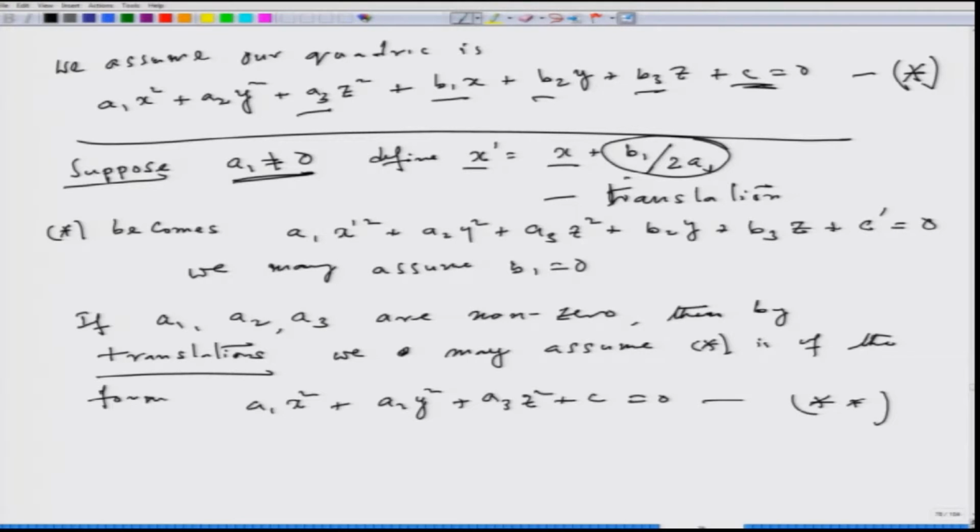Right. So, if C not equal to 0, what happens?